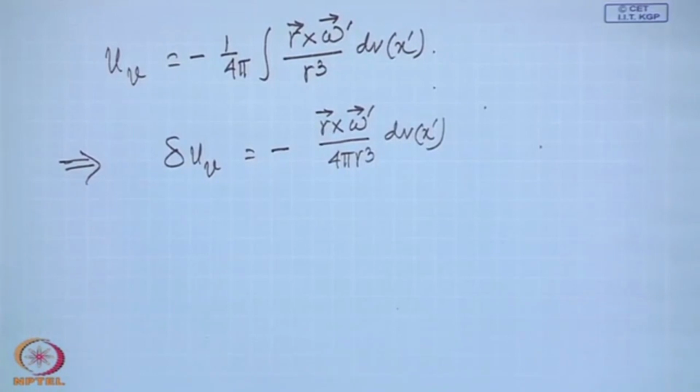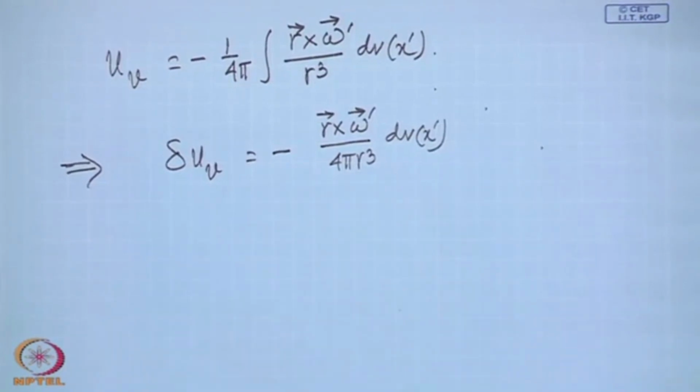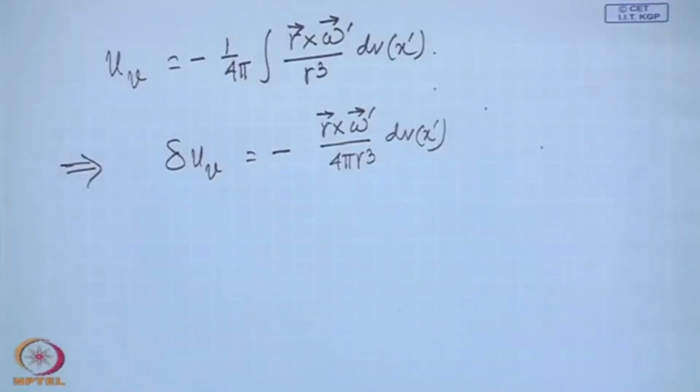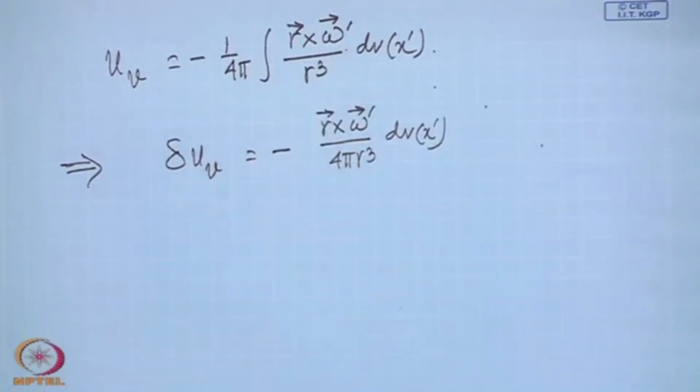Once again, here also we can interpret in a similar manner that if this is the vorticity associated with the infinitesimal element, then the velocity that it will produce or induce, whatever you call it, at any other point will be given by this at a distance r, and when you consider the entire vorticity distribution, the integral sum will be the total velocity field.